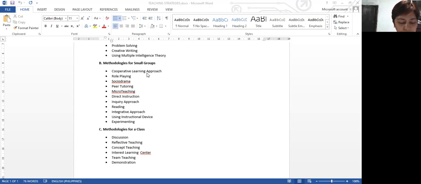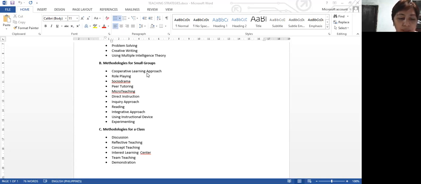Group work promotes maximal generation and exchange of ideas, thus influencing one another. It promotes tolerance and respect for other people's point of view.